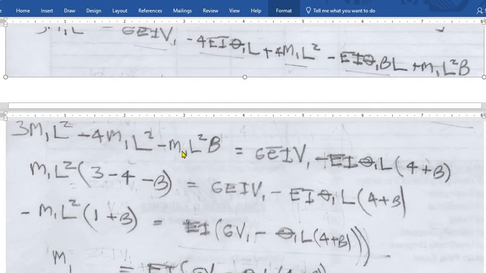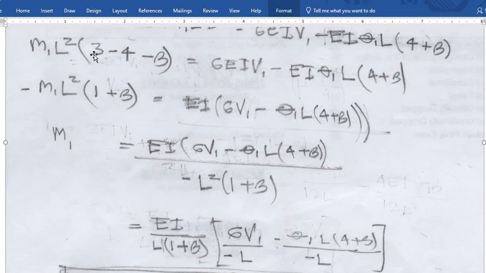Okay? This is equal to these terms. There it is. And then, 3 minus 4 is equal to negative 1. Okay? So, this is negative 1 minus beta. Just take out the negative here so it becomes 1 plus beta.